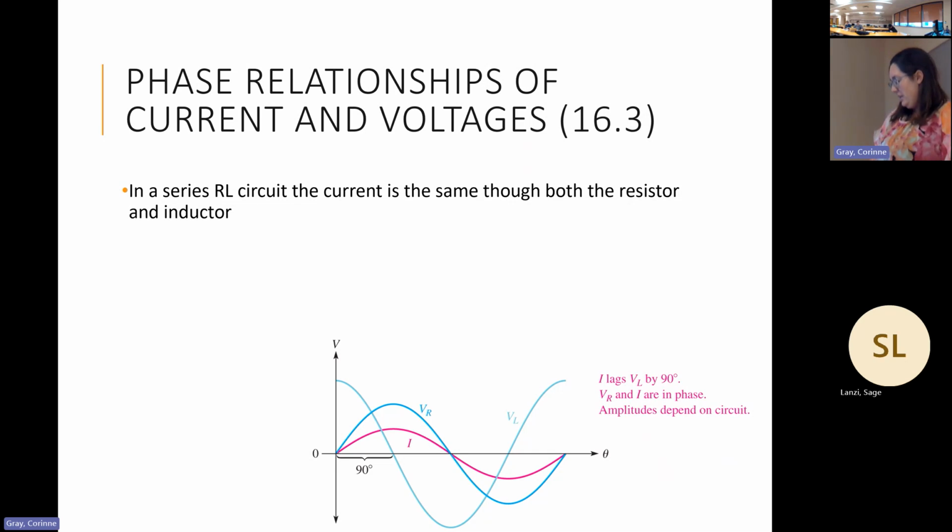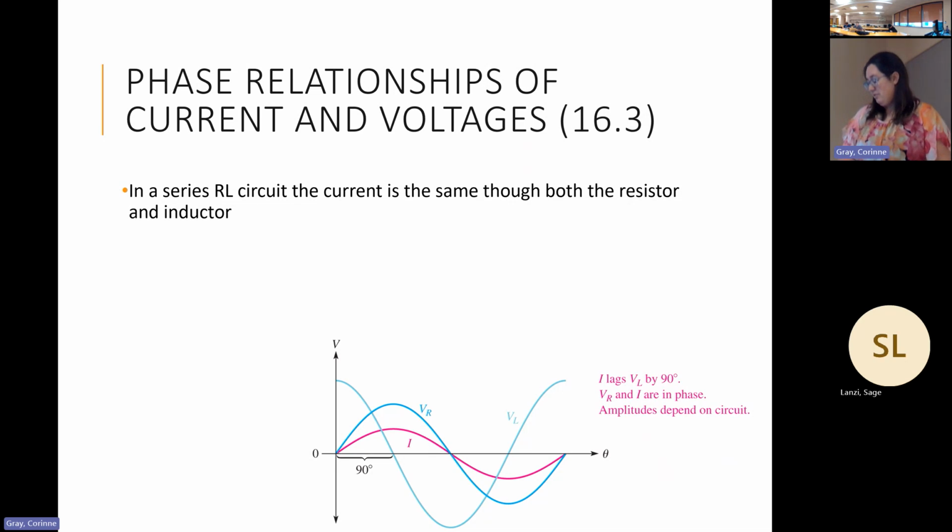So with this one here, we have the voltage for the resistor and the inductor, and we also have the current that is flowing from the source. That I there is the current in our circuit.